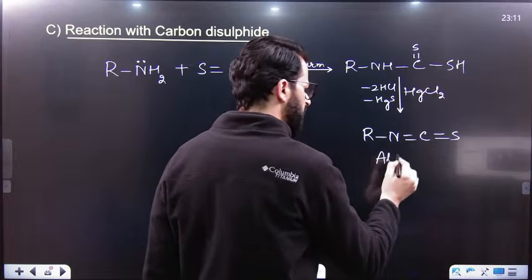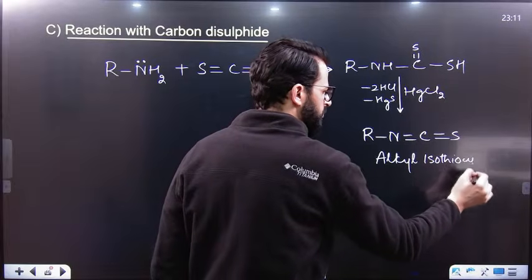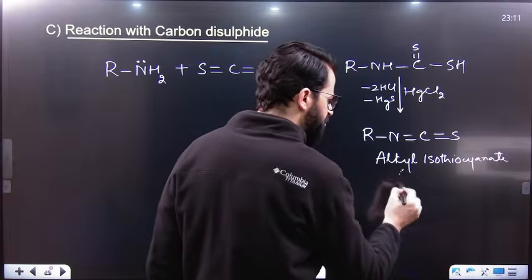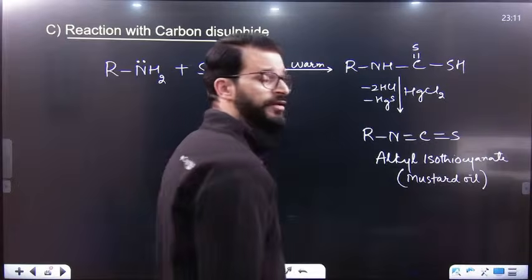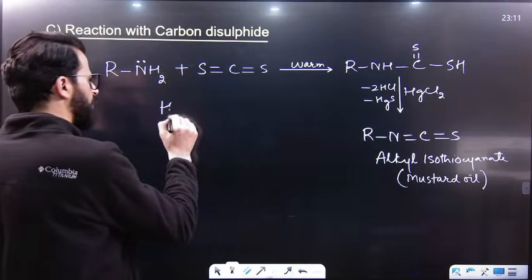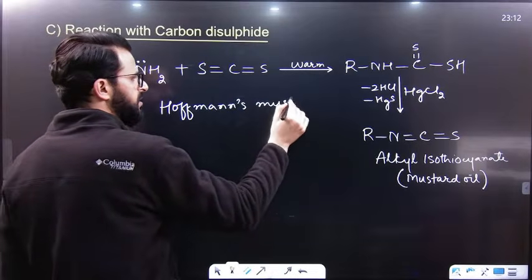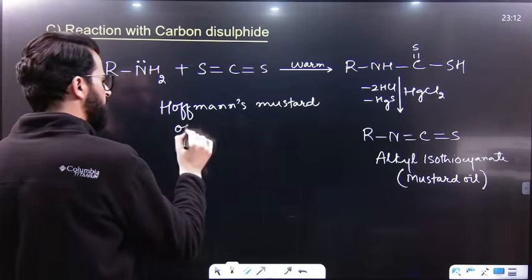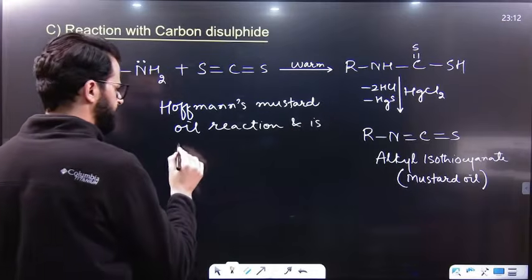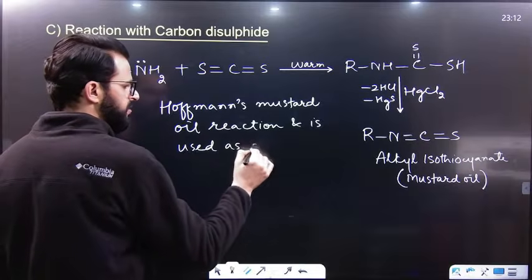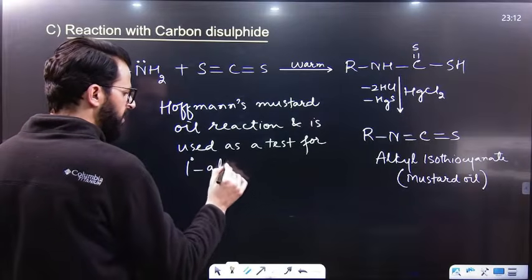This is known as alkyl isothiocyanate. And its smell is like that of mustard oil. So, it gives a mustard oil smell, and this reaction is known as Hofmann's mustard oil reaction, and is used as a test for primary aliphatic amines.